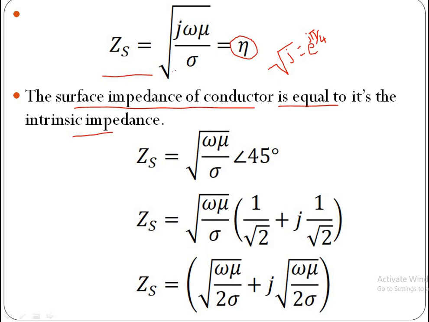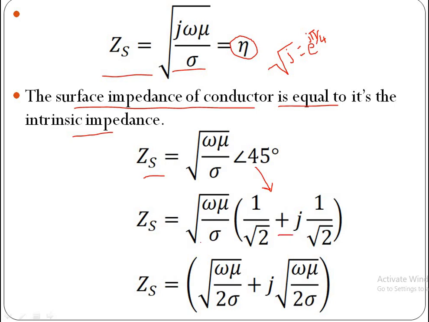Now this equation becomes Zs is equal to square root of omega mu sigma at an angle 45 degrees. If we expand, this becomes 1 by root 2 plus j 1 by root 2.